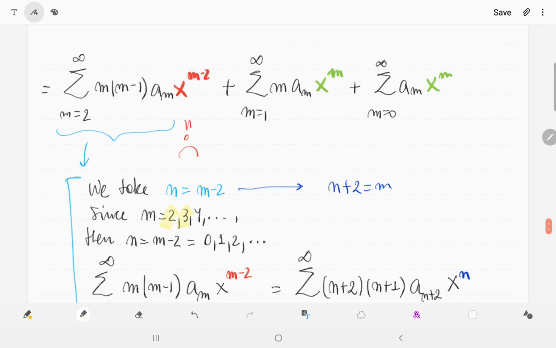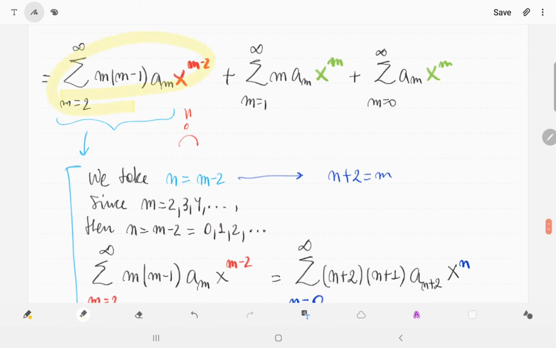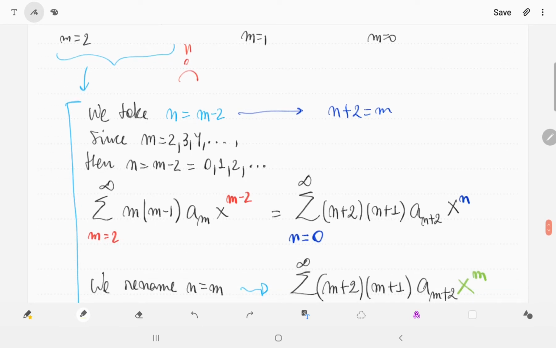So we have 2, 3, 4, and so on. That means that our new parameter n, which is m minus 2, takes the values 0, 1, 2, and so on. Okay? So we rewrite this term here. m equal to 2 now goes to n equal to 0, and m minus 2 goes to n.